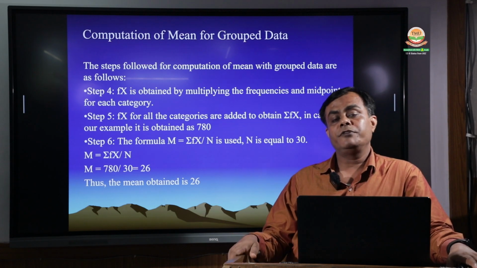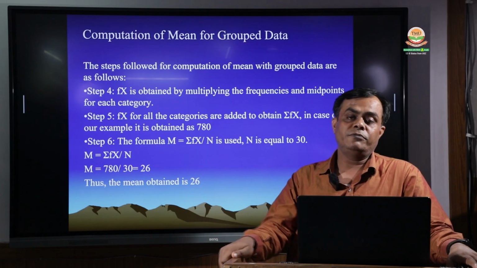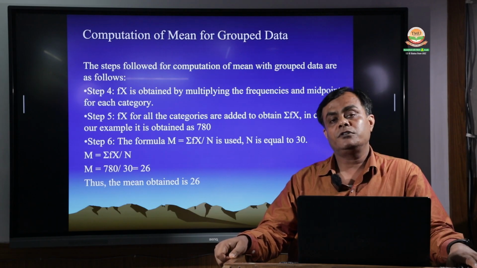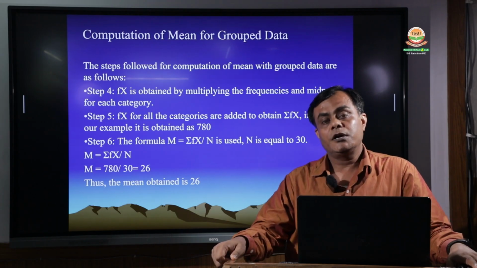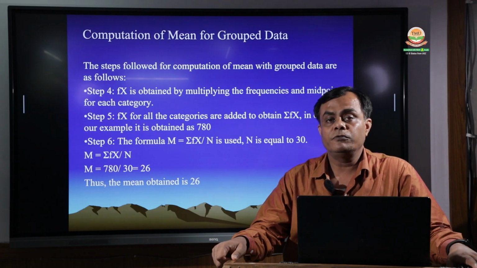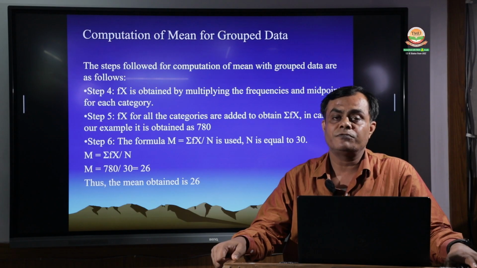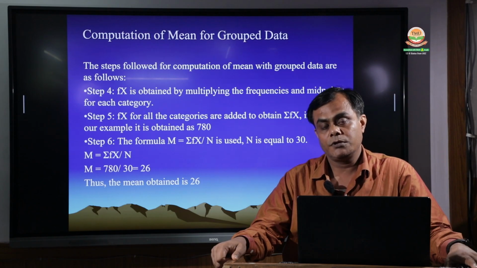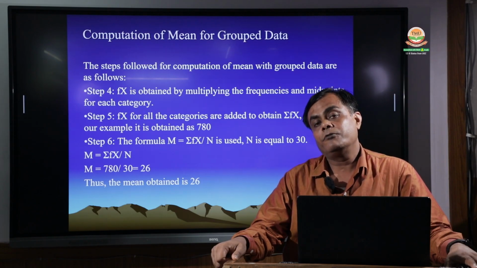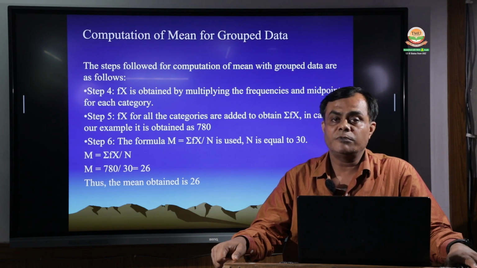So by this we can calculate the mean value of the group data. For calculating the mean value of group data, the important thing is that we first create the groups, and on the basis of the groups, we see which values fall under which group; that is called the frequency. So on the basis of the group data, we count the number of frequencies that fall in a particular group, and after that we multiply the midpoint by the frequency.